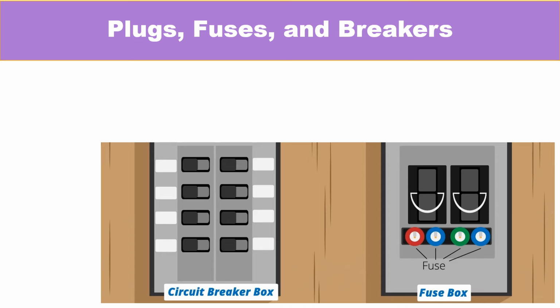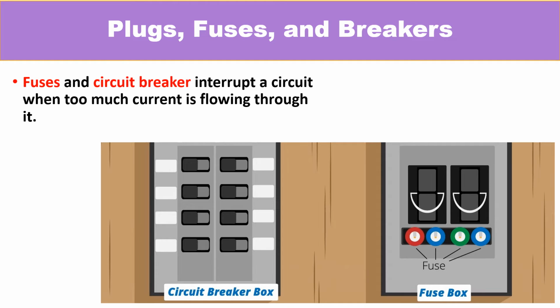The other safety related features that we have in our house are breakers and fuses. First of all, fuses and circuit breakers, their job is literally interrupting a circuit for safety, especially in the situation where too much current is flowing through.